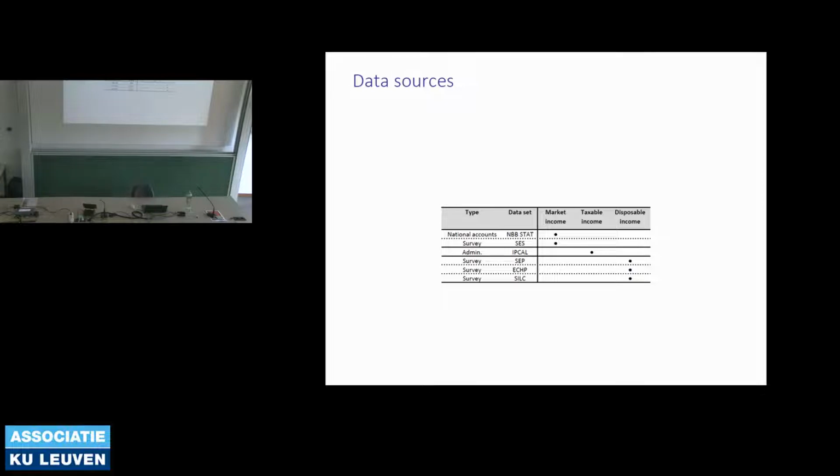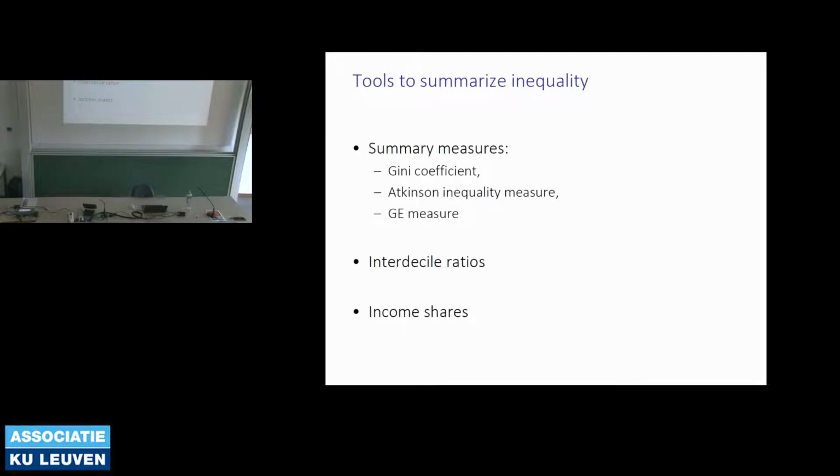Yes, thanks, André. Okay, so I've already talked about different axes, right? The income concept, the unit of analysis, the underlying data that is being used, and then also, of course, the kind of measure that is used to quantify inequality. Most studies refer to the Gini coefficient.